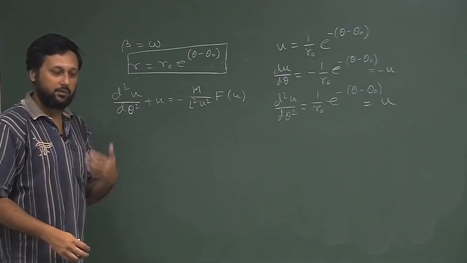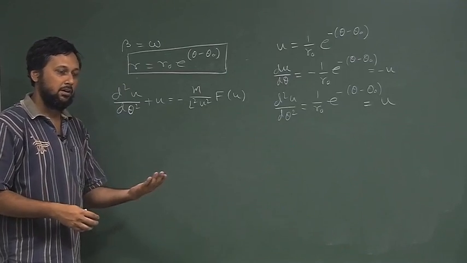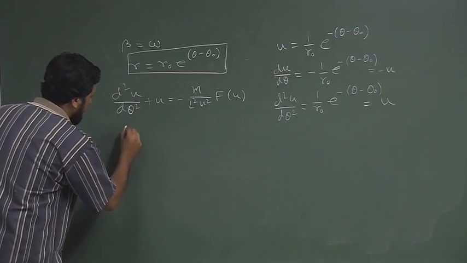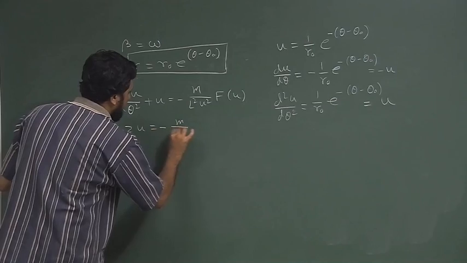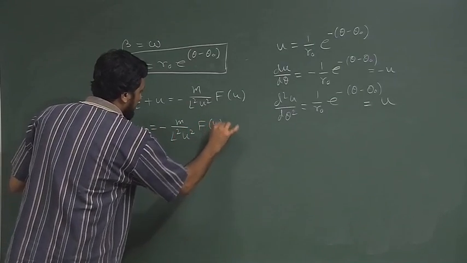On subsequent derivatives, they sometimes repeat themselves, sometimes repeat with a negative sign. This is exactly what is happening here. So, this part is nothing but 2u, and on the right hand side we have m by L square u square f of u.